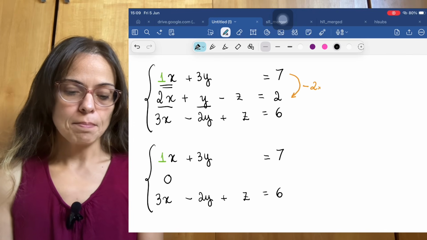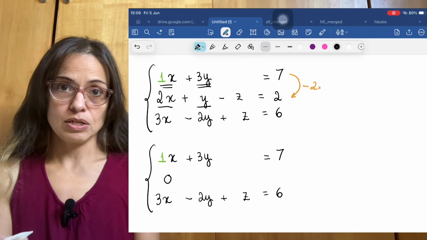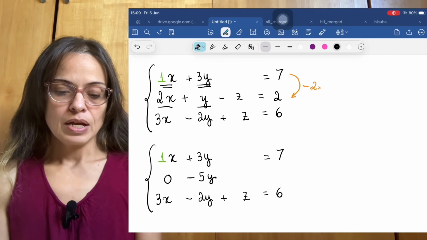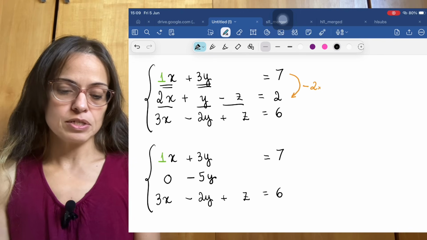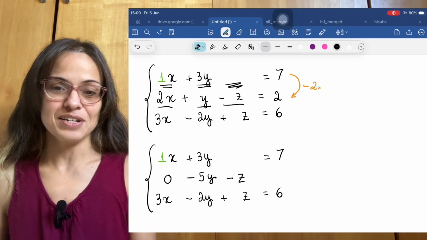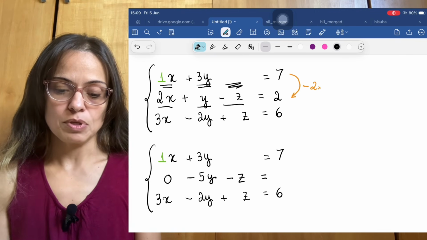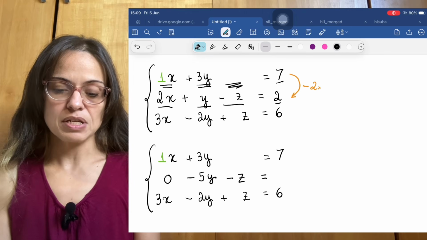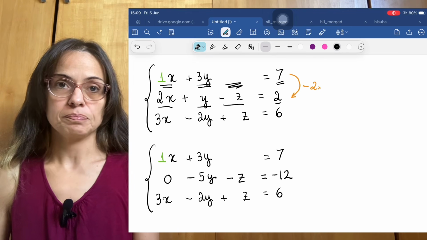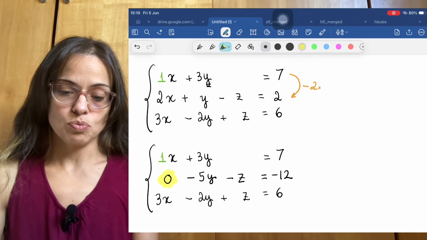Now, y minus 2 of these is y minus 6y, which is minus 5y. And minus z minus 2 of nothing is just nothing, so minus z stays here. The other side of the equation is doing the same thing. So 2 minus 2 times 7 is 2 minus 14, which is negative 12. Okay, so that was the first of the 3 zeros that we wanted to make.